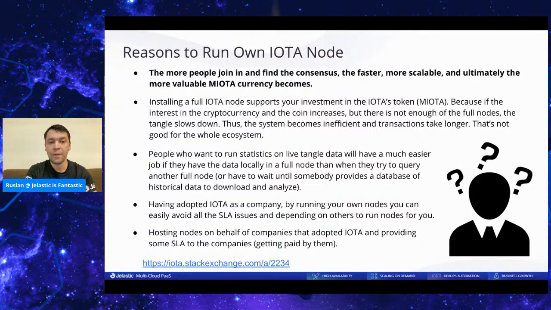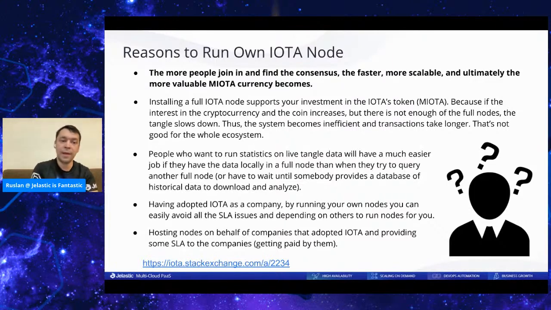Some people want to run statistics on live data. For them, a personal node can give better performance in the end, so you don't connect to a remote node; you have your own node and can work faster. Also, you can run your own node for your own needs and not depend on the SLA of third parties.